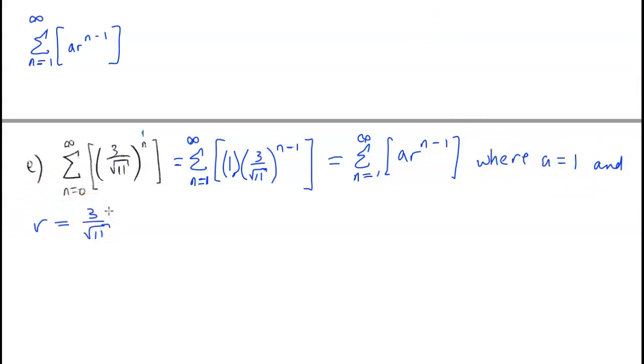Okay, and square root of 11 is a little bit more than square root of 9, which is 3. So we know that square root of 11 is higher than 3. So that means 3 divided by a number that is higher than 3 is going to be a number that's in between -1 and 1. So here we know that this particular number here is in between -1 and 1.